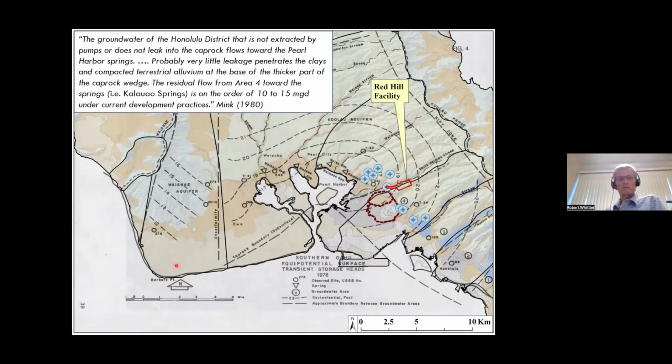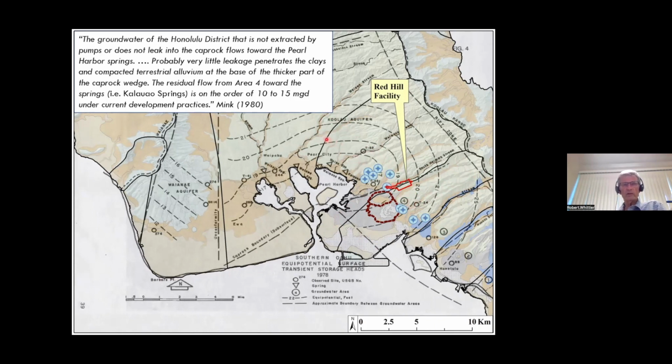Later, Menck in 1980 considered the effect that caprock may have on groundwater flow. And he reasoned that caprock is generally a poorly permeable structure and that it would divert groundwater flow from a direct Maui-type flow path to a flow path following the groundwater elevation potential from Honolulu to Pearl Harbor.